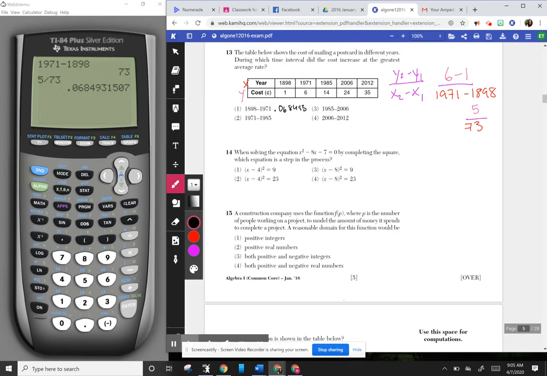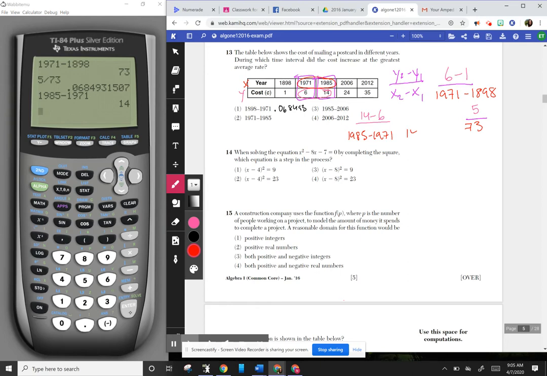Okay, our second rate is going to be from 1971 to 1985. So I'm going to start with the y first. So this time it's 14 minus 6 divided by the year, which is 1985 minus 1971. So 1985 minus 1971, that's 14 years.